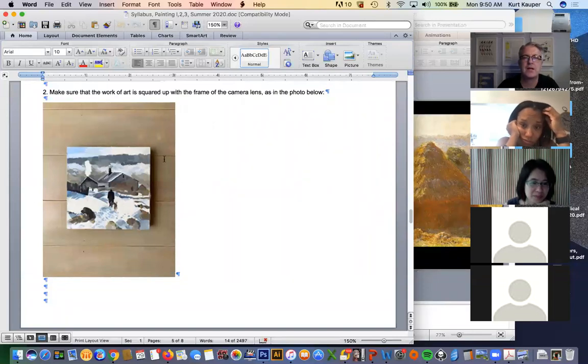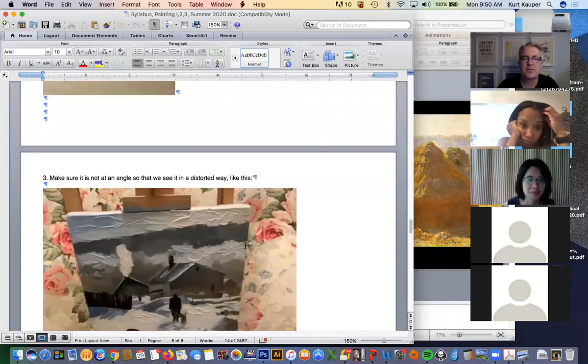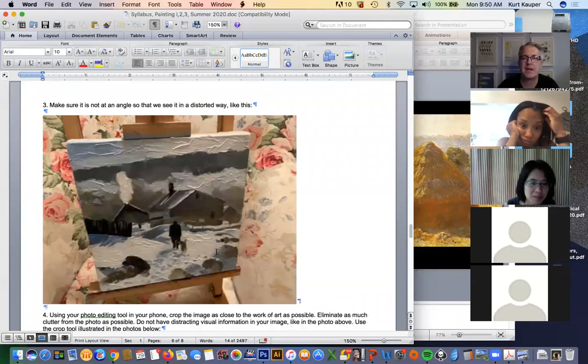Like you want the edges to be parallel to the edge of the frame. In other words, don't take your photograph so that the painting is distorted like this, right? Like don't take the photograph so that the painting's smaller at the bottom than at the top, because then I can't really see the painting, right?